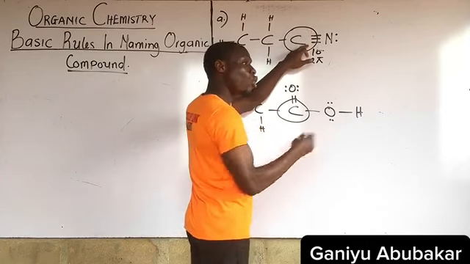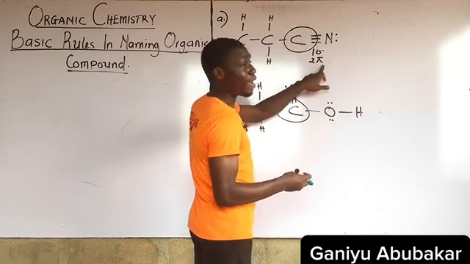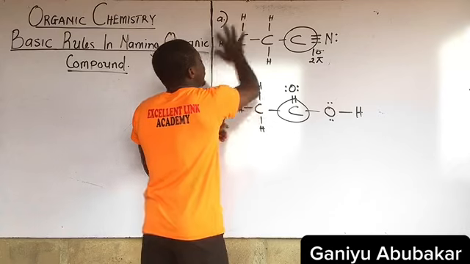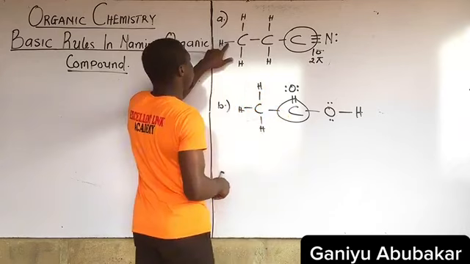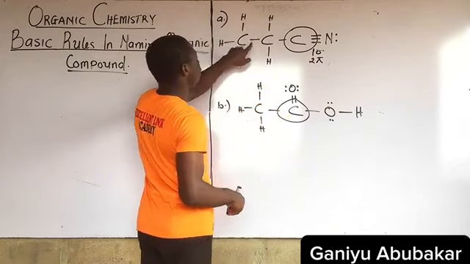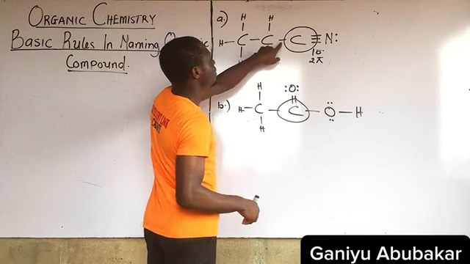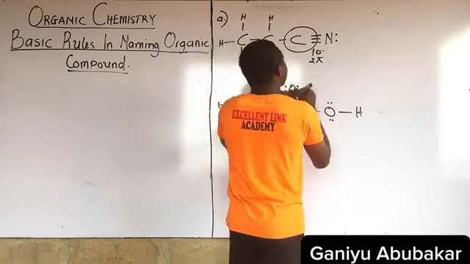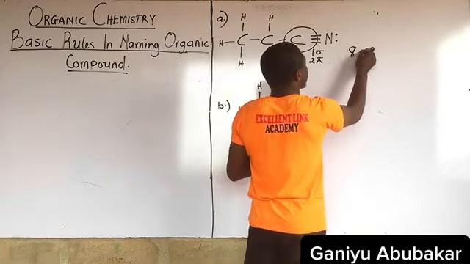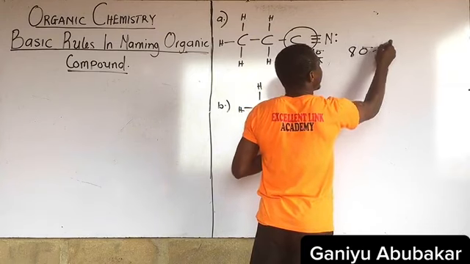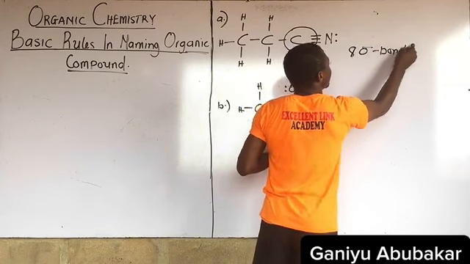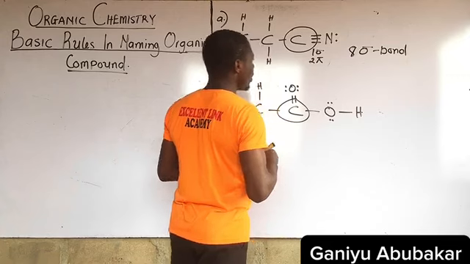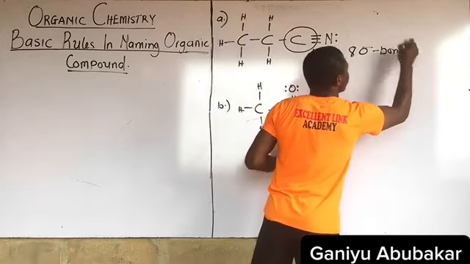A triple bond contains one sigma and two pi bonds. So let's count the number of sigma bonds here: 1, 2, 3, 4, 5, 6, 7, and with this one here, 8. So I have 8 sigma bonds.